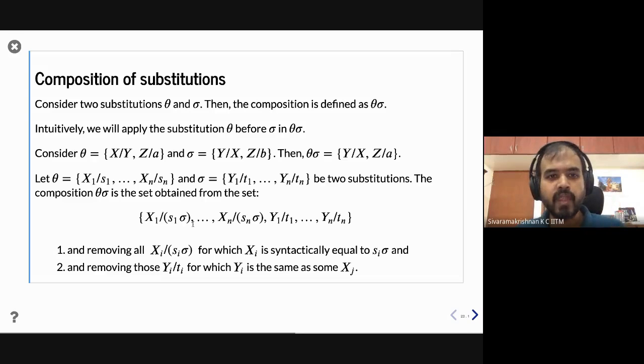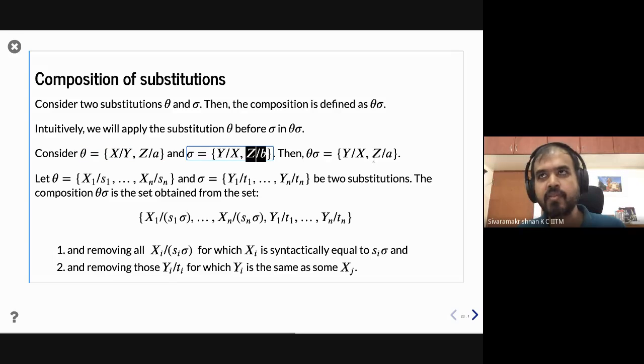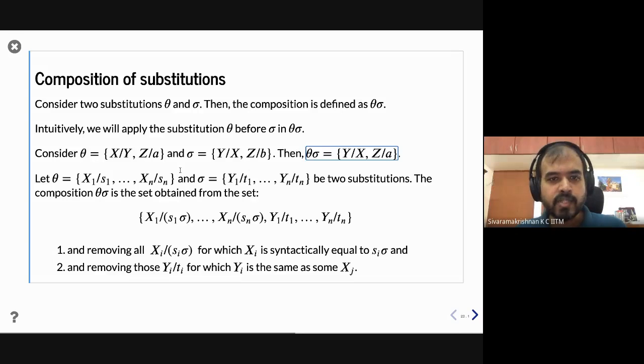That's the first one. And the second one handles the case that has to do with the fact that z slash b is not present in the final one. Why does that happen? Because these two substitutions happen to be on the same variable. Since this substitution happens first, this is no longer necessary. This is not going to be there. It's not going to be useful. So that is what we write down here. So we remove all those substitutions yi slash ti, where yi is the same as some xj.